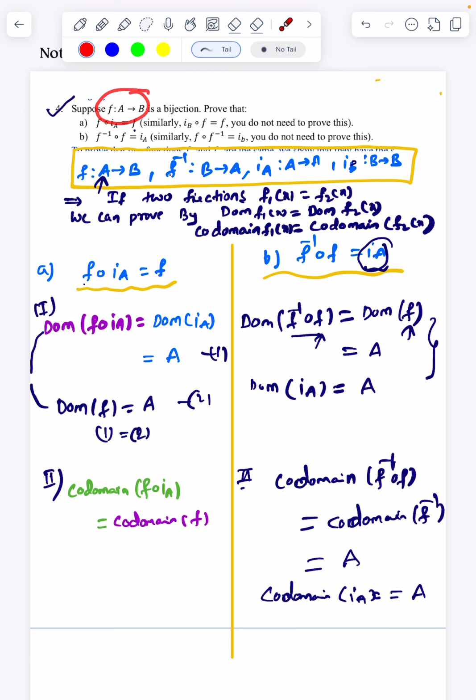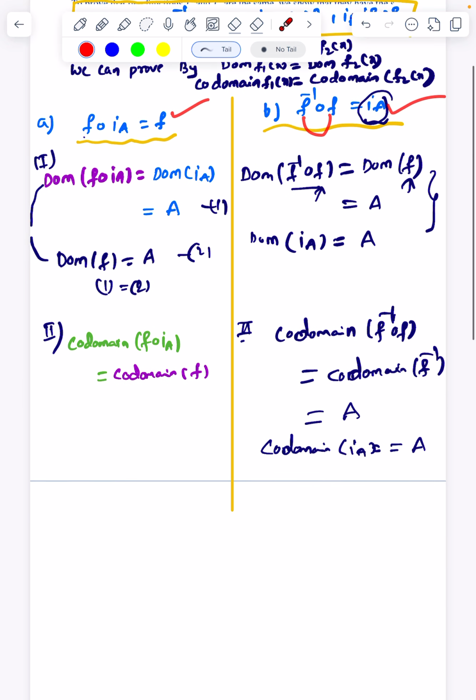Remember, if f is any bijection, we are going to use this in other problems also. Remember, f circle the identity function gives f, and f inverse circle f gives I_A.